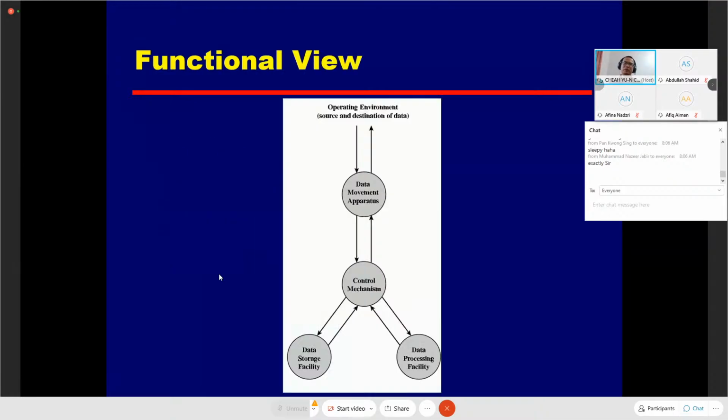So for a functional view, you will notice that there are four main functions here. At the top there is the data movement, connected to the control mechanism, followed by the storage facility at the bottom left, and the processing facility at the bottom right. So we see how the four functions are interrelated.